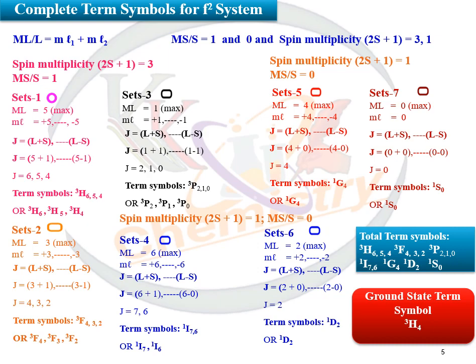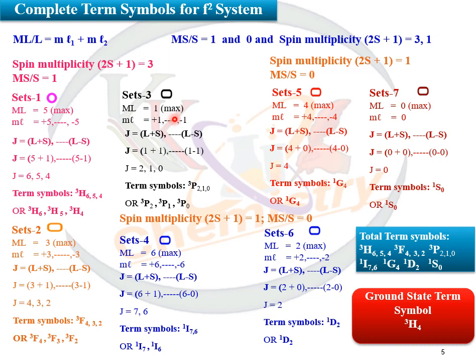Set 1: the maximum ml value is 5, the term will be H, spin multiplicity is 3, so triplet H 6, 5, 4. You can calculate the J value over here. By calculating the J value, we know the term symbol for set 2 is F, spin multiplicity 3, so triplet F 4, 3, 2 will be the complete term symbols.